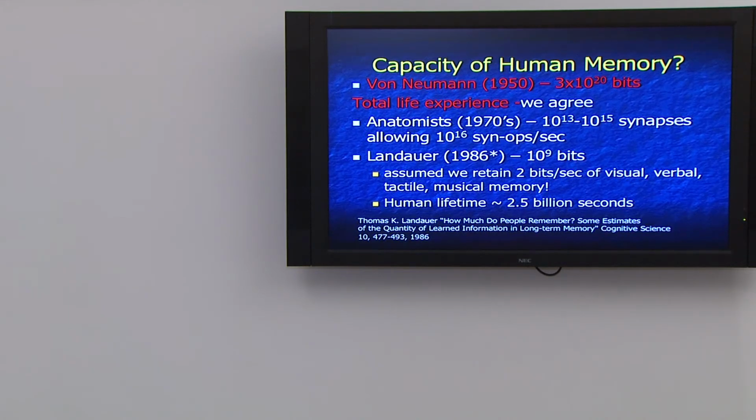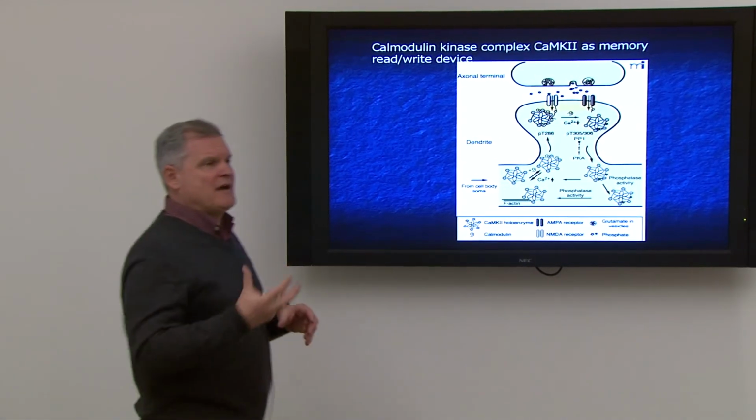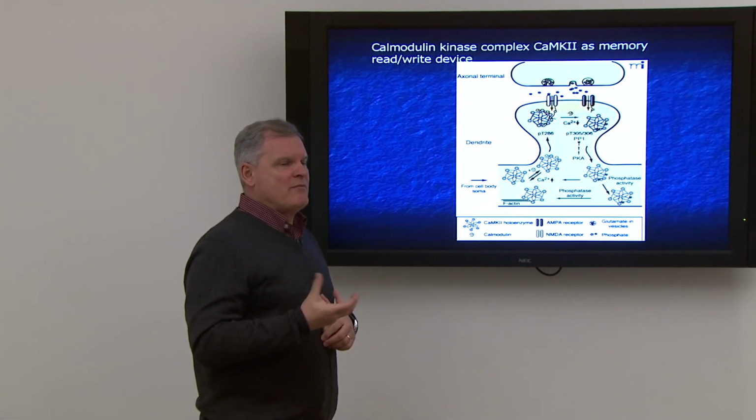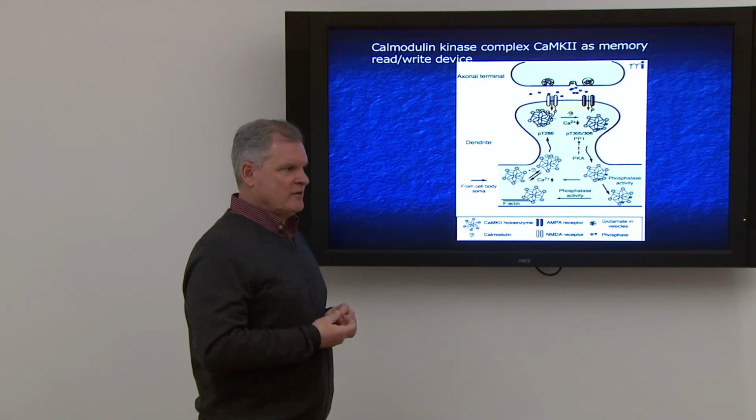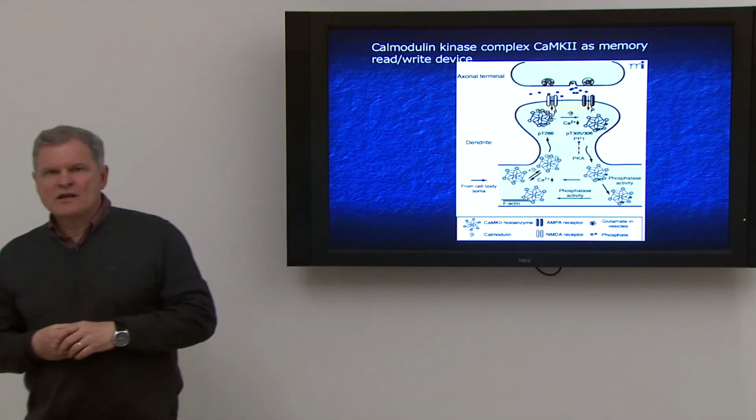So this has been discussed for a long time, and people diverge in their opinions on how much memory we have. I'll just show you one thing. There have been experiments with mice that allowed temporarily erasing memory by using inhibitors of calmodulin kinase.